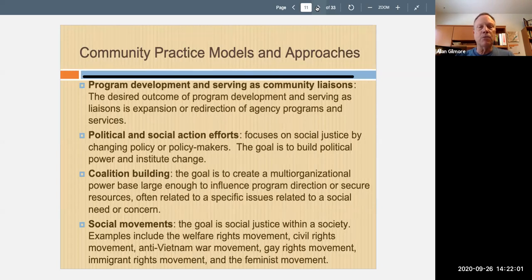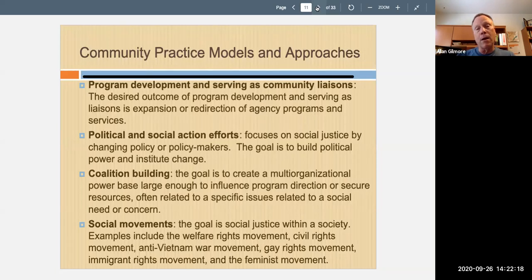And they're starting to get a sense, or the community is even helping them identify, that the way they've done it in the past doesn't work anymore. Maybe there's been an emergence of a new population that needs this service and those folks are not accessing it.